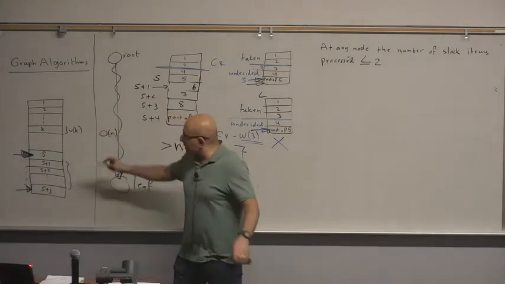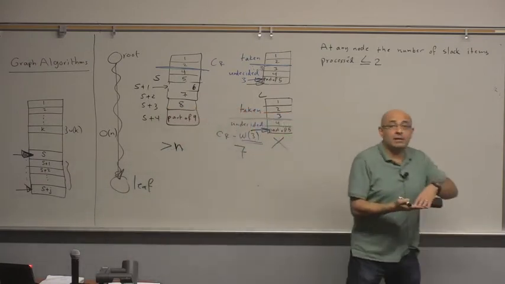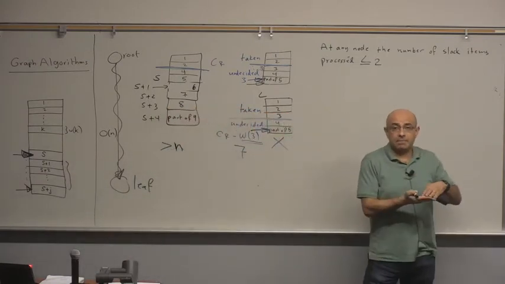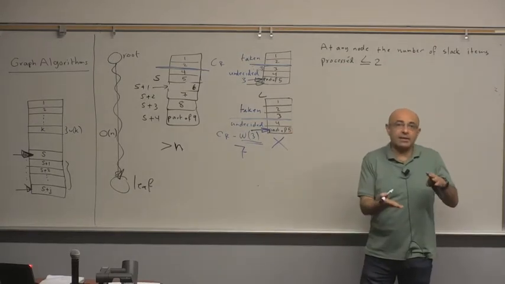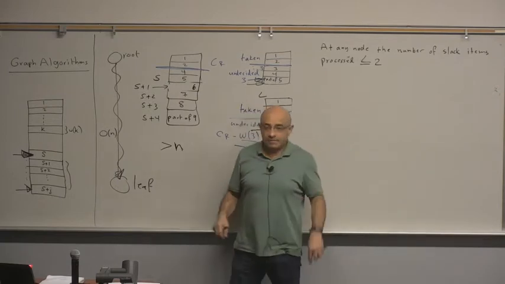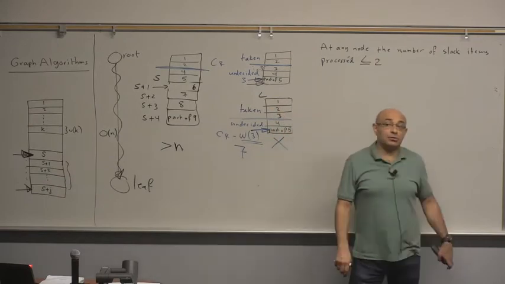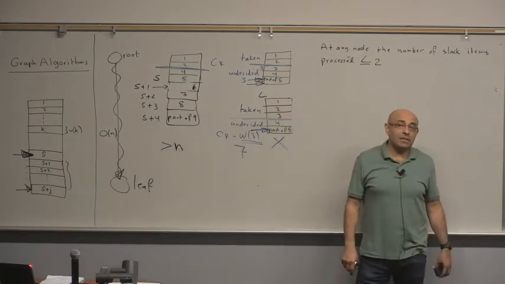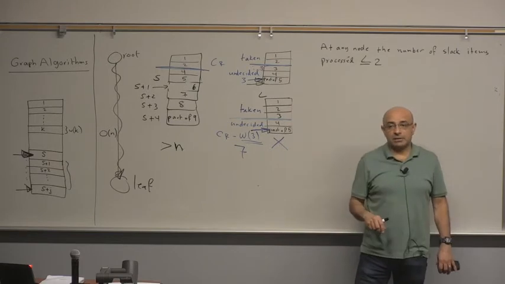So these S1 plus S2 plus S3, all of these items in between are by definition non-slack. Why? Because you will necessarily take all of them. You can only take a fraction of the first and last items that you process at a given node. Only the first and last can be taken partially.